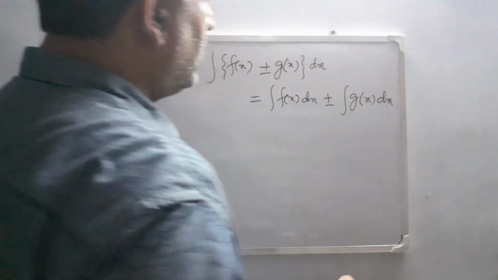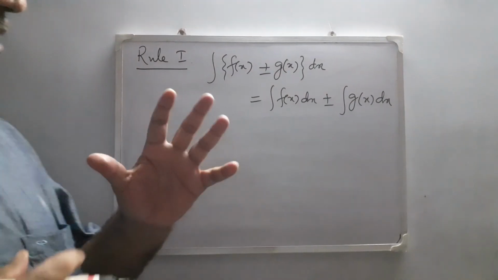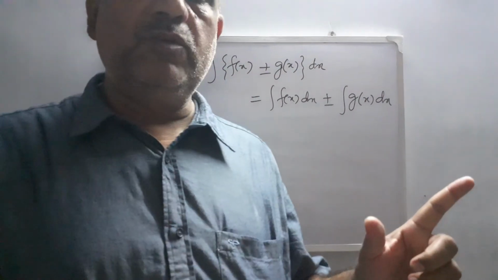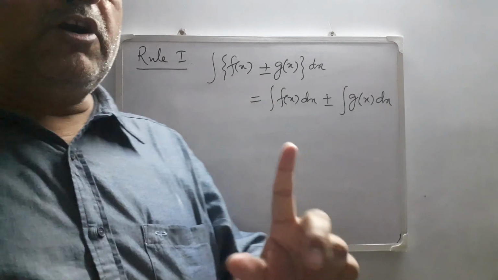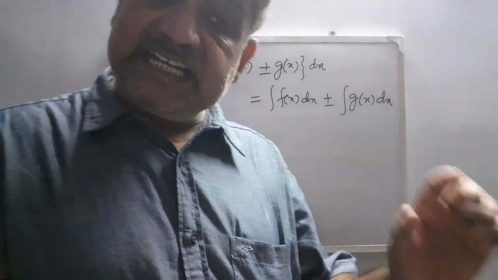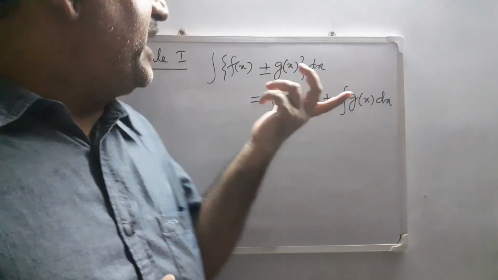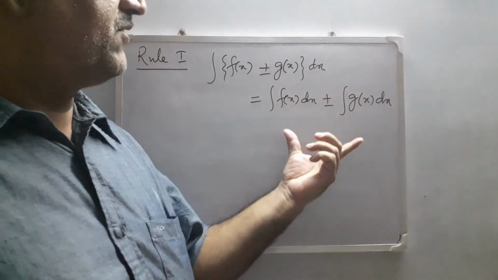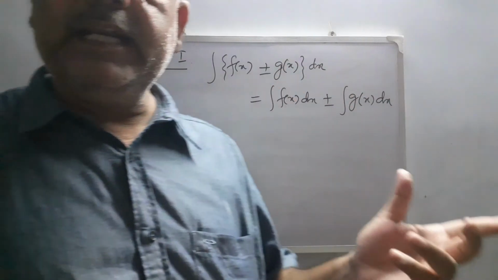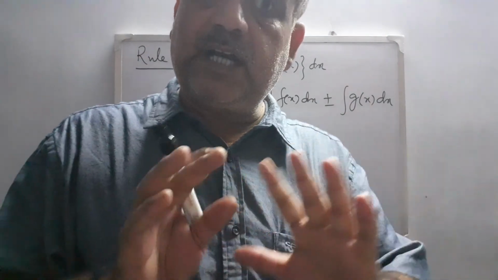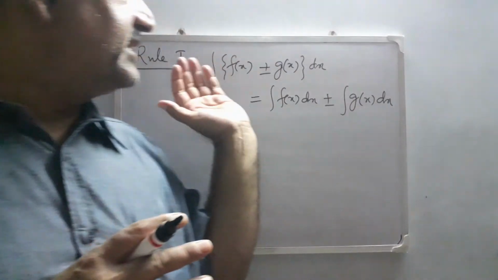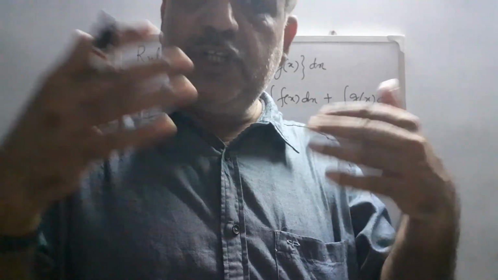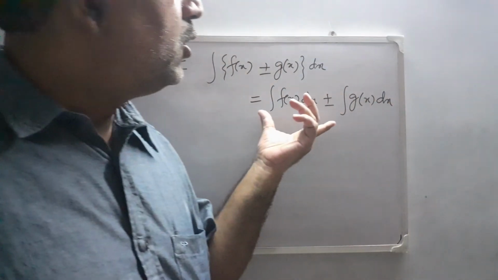Boys, keep in mind that this rule is not a general rule. It is not applicable for all functions. If the functions are discontinuous, it is not possible for us to distribute this integral. So there are restrictions, but at your level, this rule holds good.